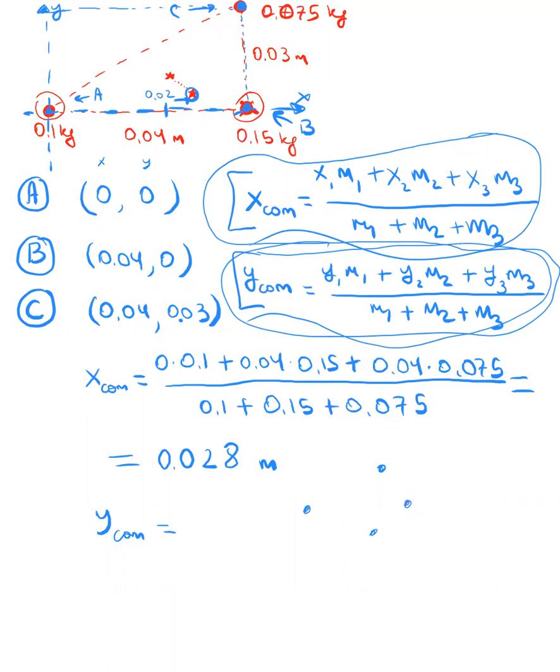But sometimes we don't have discrete particles. We have extended objects. For example, you could have a stick like this, or something like this. When you have extended objects, things become slightly more complicated.